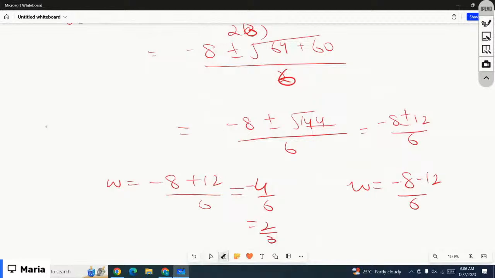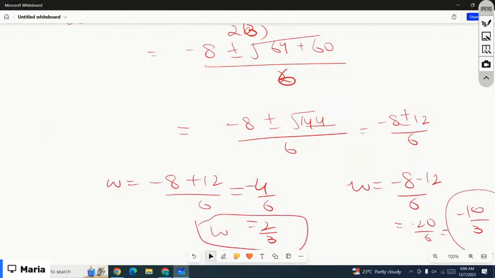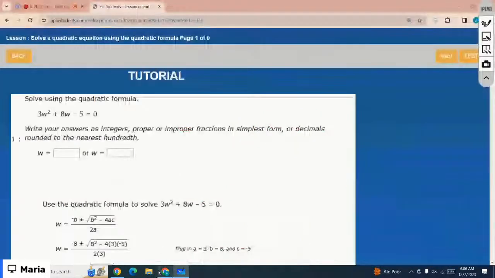And here you have negative 20 over 6, which means negative 10 over 3. So w has two values, 2 over 3 and negative 10 over 3. That's how you evaluate the equation using the quadratic formula. Got it? The values are 2 over 3 and negative 10 over 3.